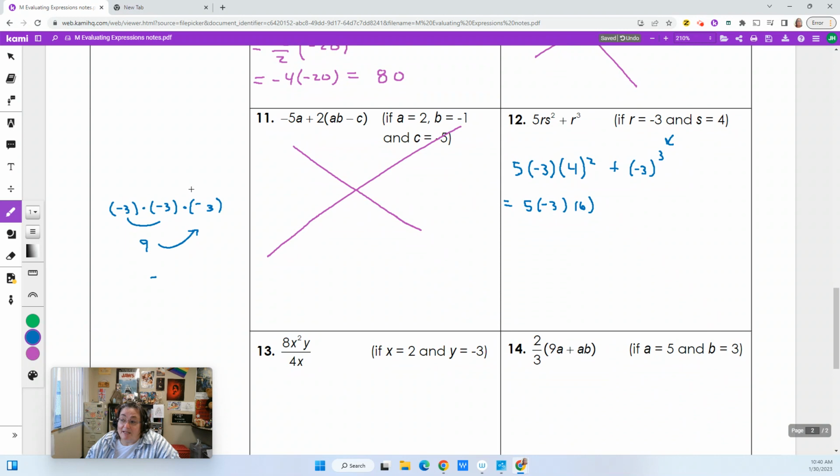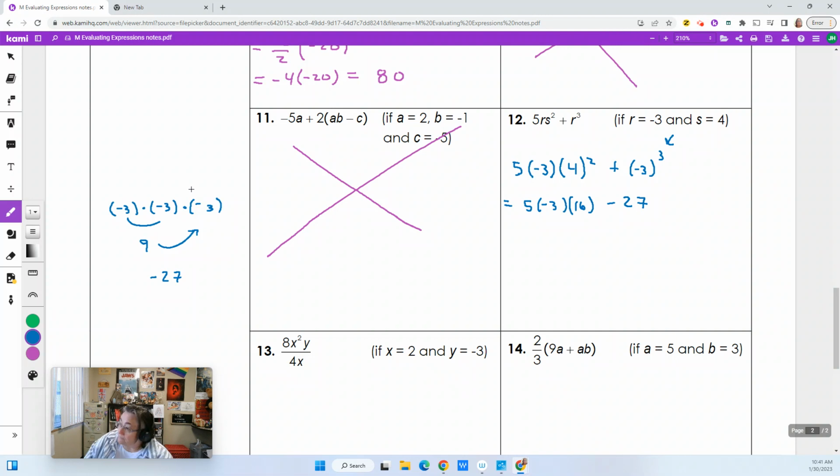What happens is we get negative 27. Because once I multiply the first negative 3 times negative 3, we get the 9, right? And it becomes positive. But if we multiply a positive times a negative, we get a negative. And so this becomes minus 27. And so we are good with that back end of the problem, right? Now we have to deal with the front end before we can subtract that 27.